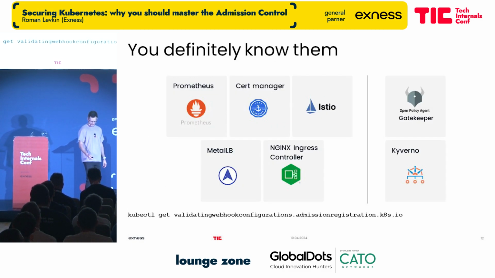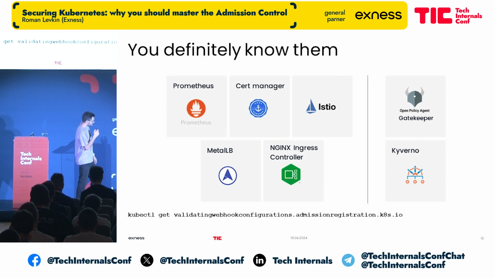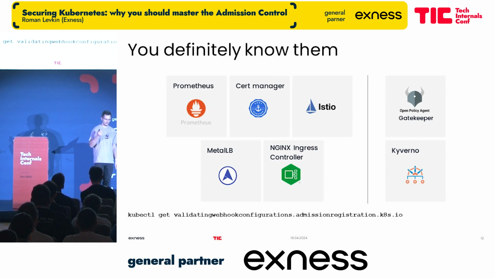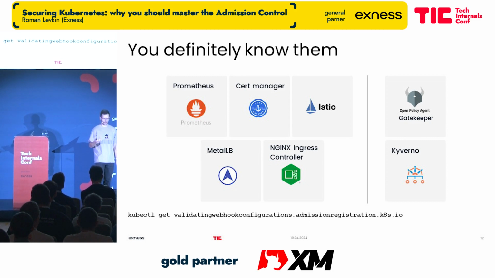If you take something similar to a production-ready cluster, you will not be surprised to see some of these titles installed there. And they bring their own admission webhooks. For example, if you use Istio, there is an object called Istio Gateway. It is somewhat similar to the native ingress object. And when installing Istio, you get an installation of an Istio webhook.